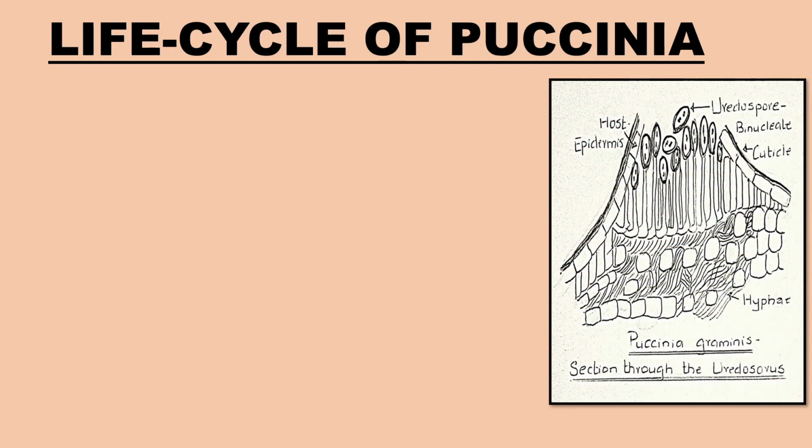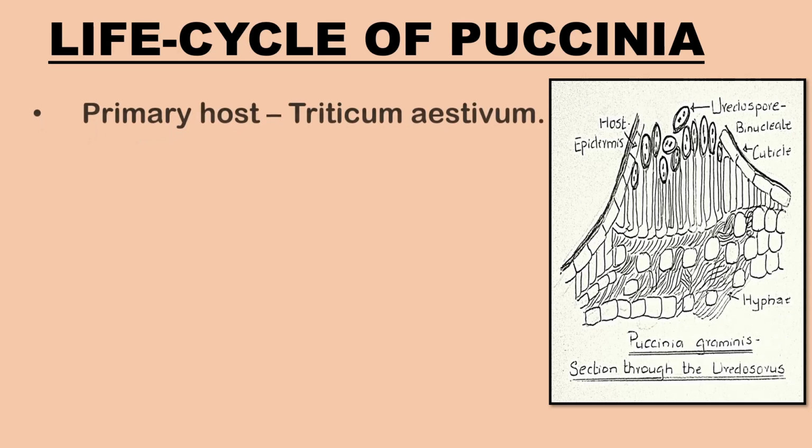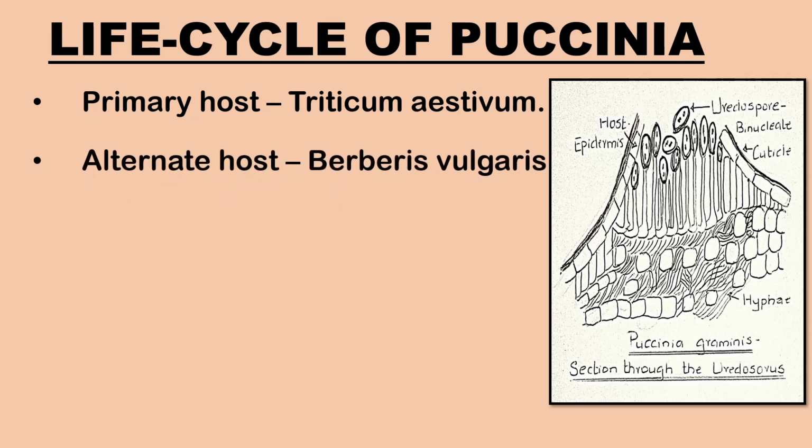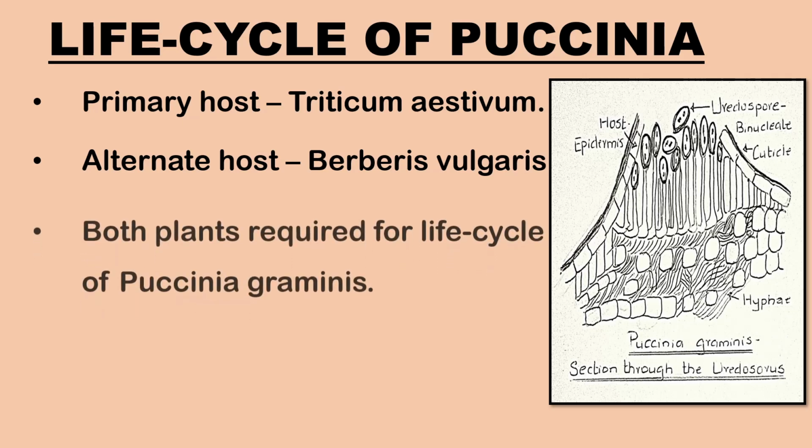Next is a brief account of the life cycle of Puccinia graminis. For Puccinia graminis, the primary host is the wheat plant Triticum aestivum, while the barberry plant or Berberis vulgaris is the secondary or alternate host.